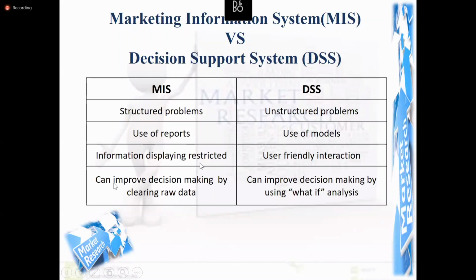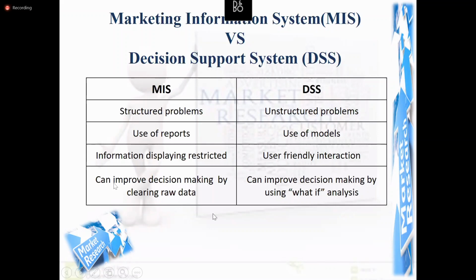And information displaying is restricted, but here we have user-friendly interactions because the situation is complicated. Therefore, we cannot limit things because we are not certain about some of the outcomes that are coming out. So it has to be very friendly, and people have to know what is taking place.